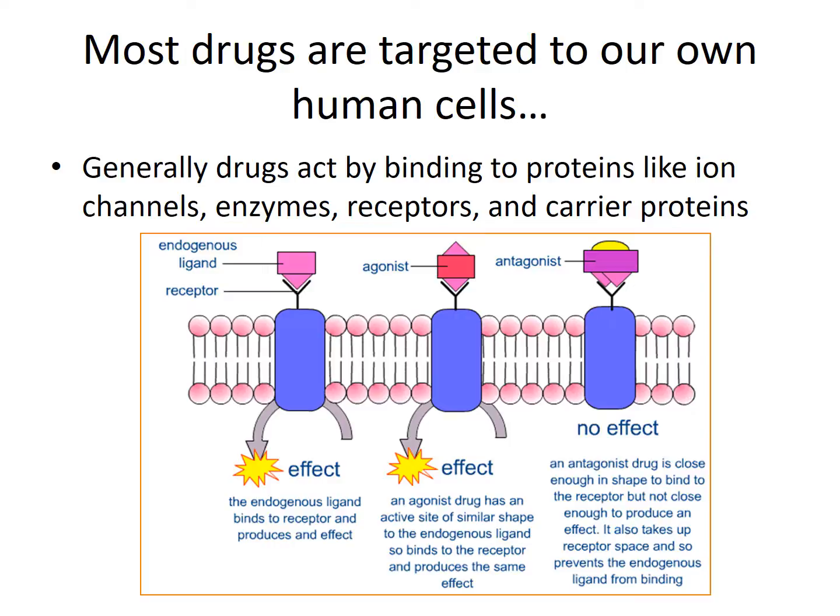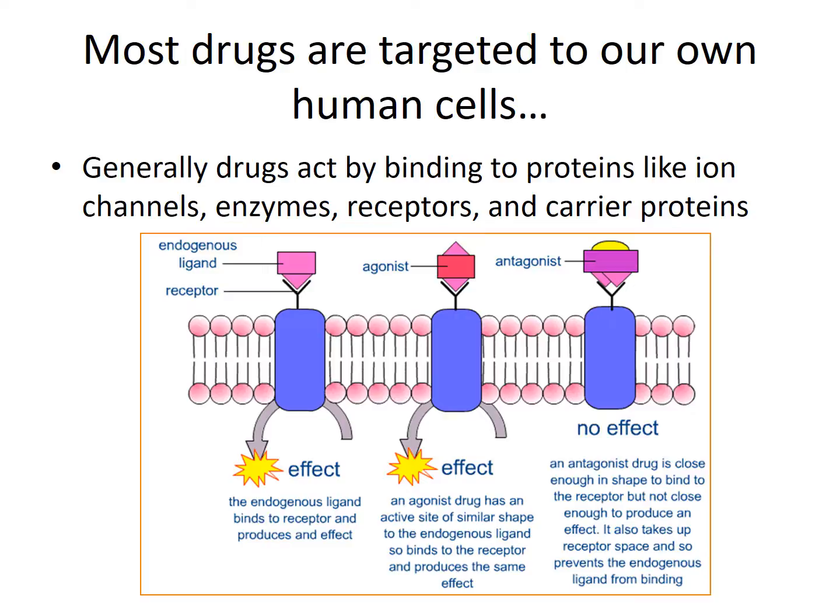All this antagonist drug is doing is binding to the receptor and blocking the neurotransmitter from being able to bind to that receptor and cause its effect. So all it's doing is preventing the receptor from binding, and therefore we have no effects.